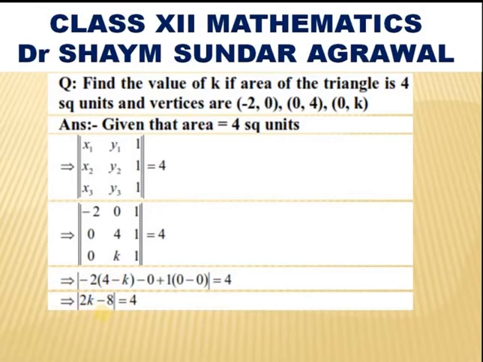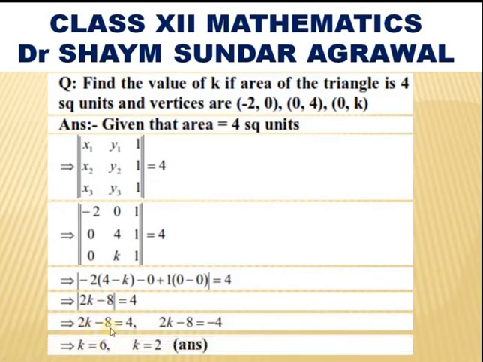The modulus of 2k minus 8 equal to 4 means it may be plus 4 or minus 4. So 2k is equal to 12, so k is equal to 6, and 2k is equal to 4, so k is equal to 2. So the values of k are either 6 or 2, for which the area bounded by the three points (minus 2, 0), (0, 4), (0, k) is 2, not 4. Okay.